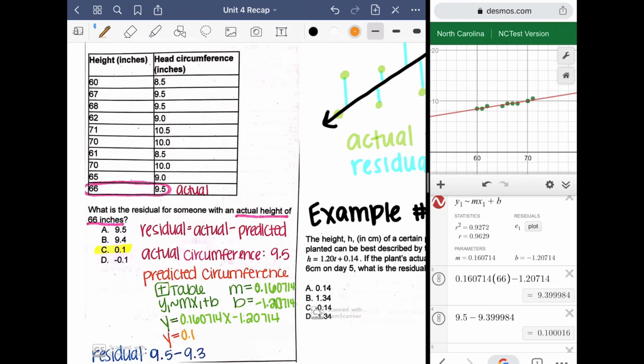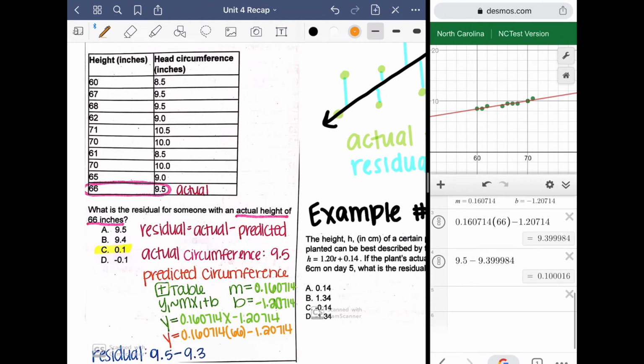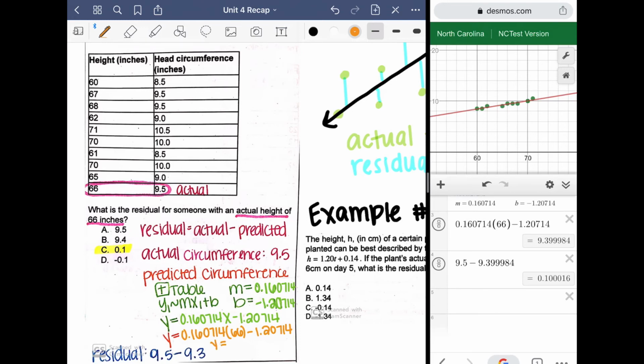So I'm going to take my equation, substitute 66 for x, and see what that is equal to. So in Desmos, I have 0.160714, I plugged in 66 and subtract 1.20714. And that gives us a value of 9.399984.